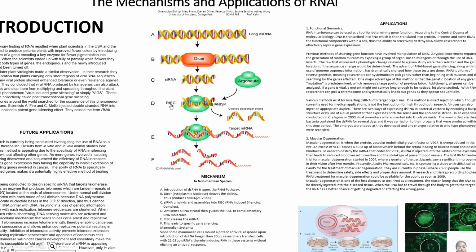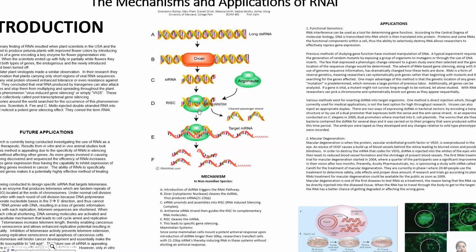The antisense siRNA strand then guides the RISC to the complementary RNA molecule. RISC then cleaves the mRNA. This leads to specific gene silencing.